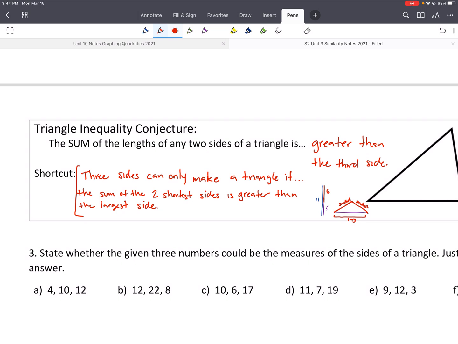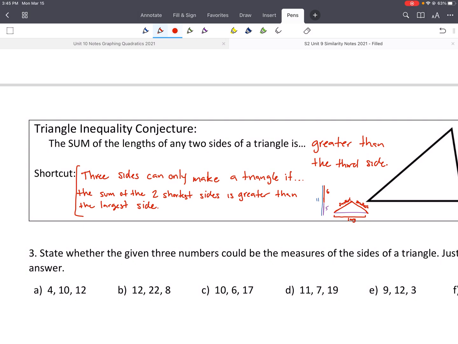They'll never meet because your forearms aren't long enough. So the two smallest sides of the triangle have to be greater than the length between your two elbows, if that makes sense. If you want to see an actual visual, then email me, and we can do a Google Meet and I could show you.